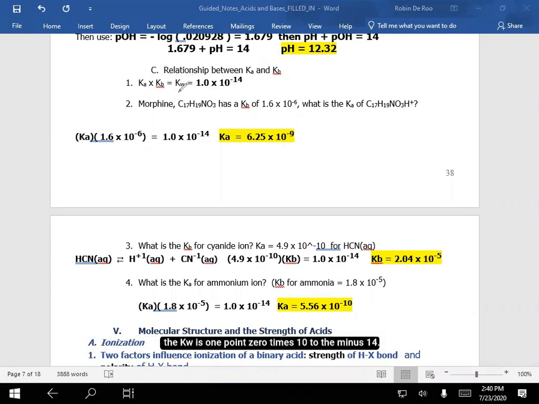And we know that the Kw is 1.0 times 10 to the minus 14. So let's say we're given a problem and the problem gives us a Kb and asks for the Ka. So we would put the Kb, which we were given, into our equation of Ka times Kb equals Kw, and then we can solve for the Ka.